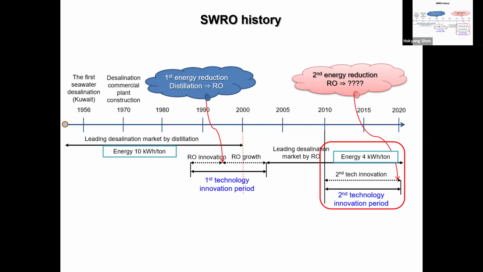And at the time, distillation was still better than reverse osmosis initially, at 10 kilowatt hour per cubic meter. Reverse osmosis has been dominant since 2000. It's almost 26 years ago, not too far. Before 2000, oil price was still cheap.